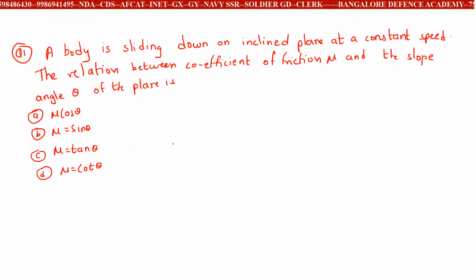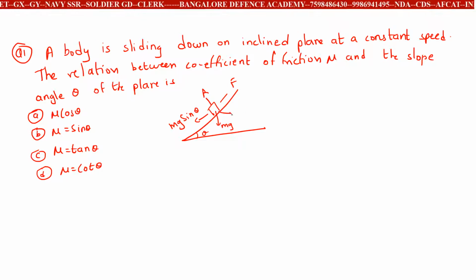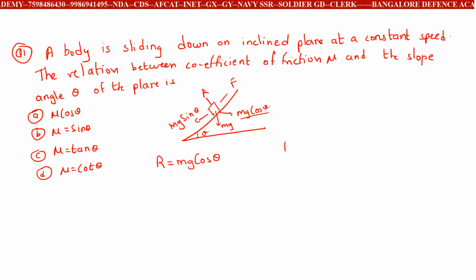Okay, so now you need to find out the answer with respect to the coefficient of friction mu and the slope angle. I hope you remember this diagram. We have drawn it. This is F, this is the reaction force R, and the sliding force is given as mg sin theta, and here this is the angle theta, and this is mg acting downwards, and this is the force mg cos theta. So we know that the reaction force here is R equal to mg cos theta, and the sliding force is mg sin theta.